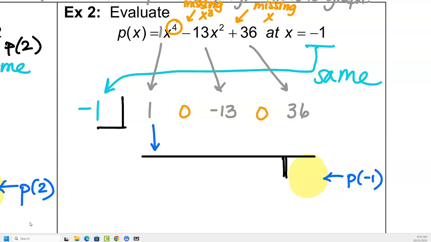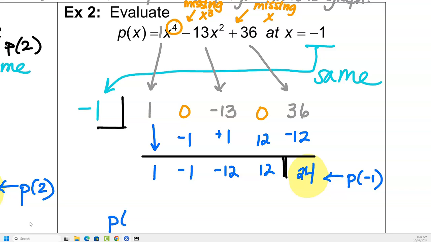So I'll drop the 1. 1 times negative 1 is negative 1. Add going down, you get negative 1. Negative 1 times negative 1 is positive 1. Add going down, you get negative 12. Negative 1 times negative 12 is 12. Add going down, you get 12. Negative 1 times 12 is negative 12. Add going down, you get 24. So we can say that p of negative 1 is equal to 24.